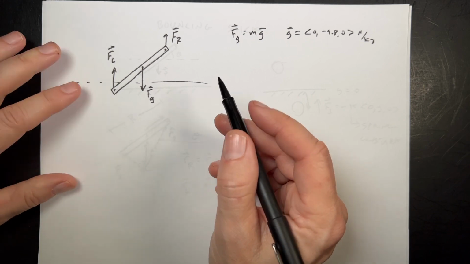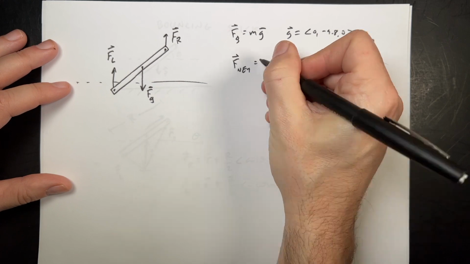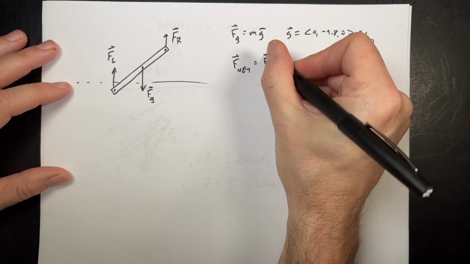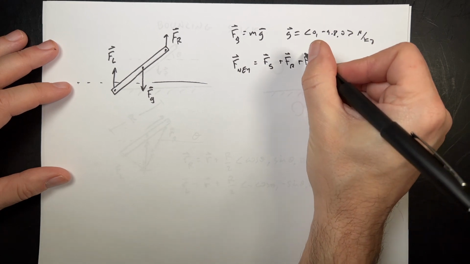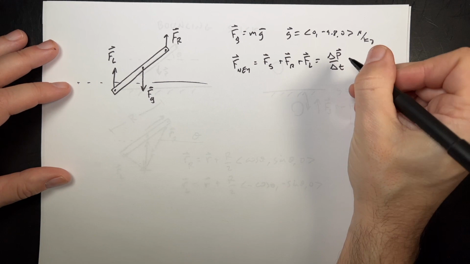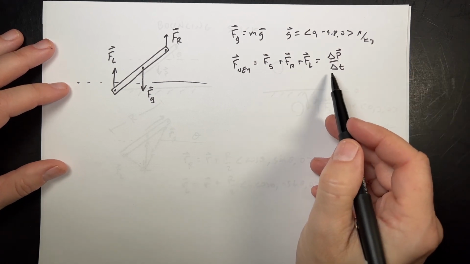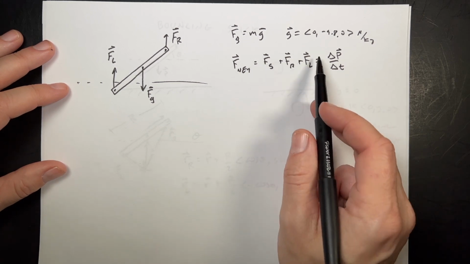The first thing is the momentum principle. So this says F net, which is going to be Fg plus Fr plus Fl, is the change in momentum. Now, if I take a small time step, then I can assume that during that time step, this force is constant.